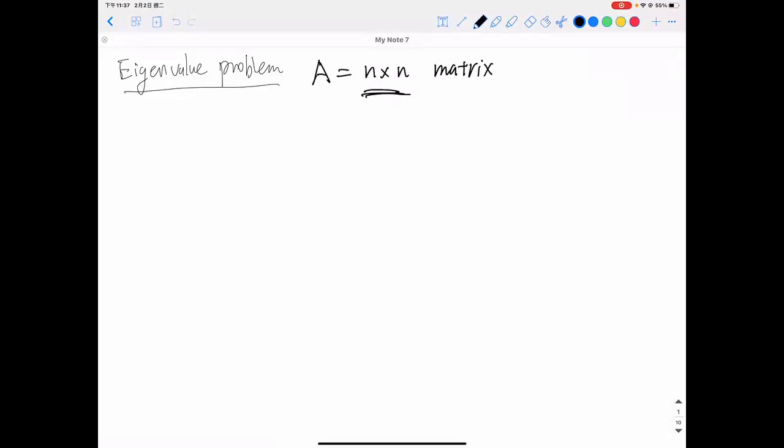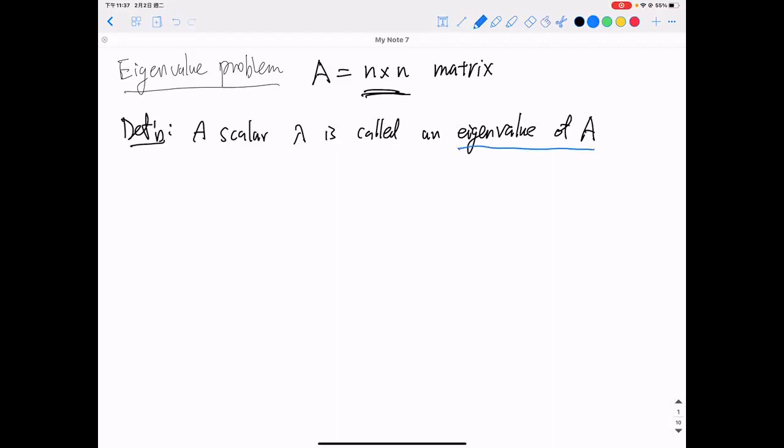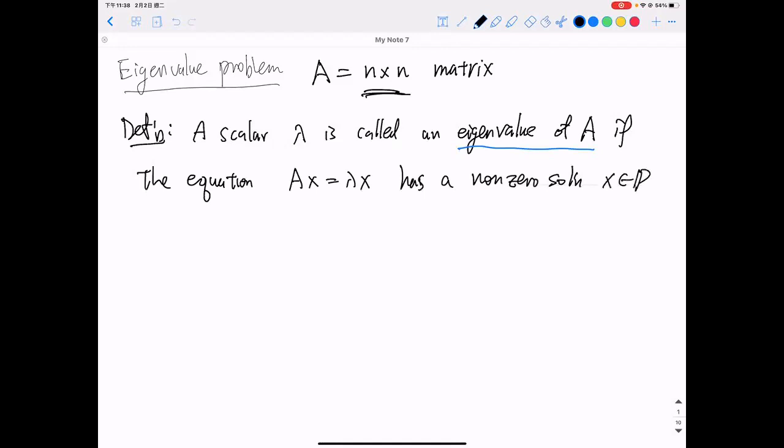Okay, and let's make some definition. A scalar lambda is called an eigenvalue of A if this equation AX equals lambda X has a non-zero solution X in Rn.